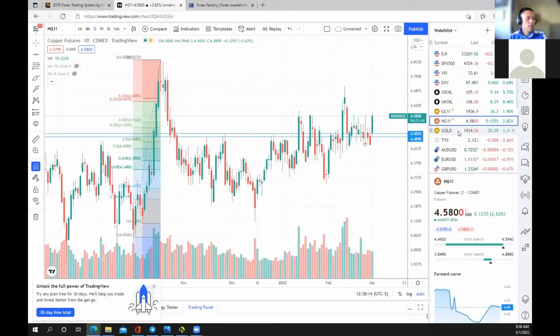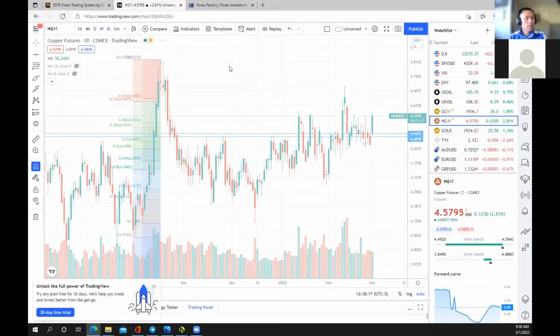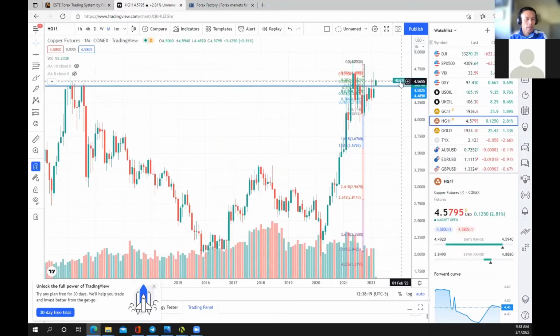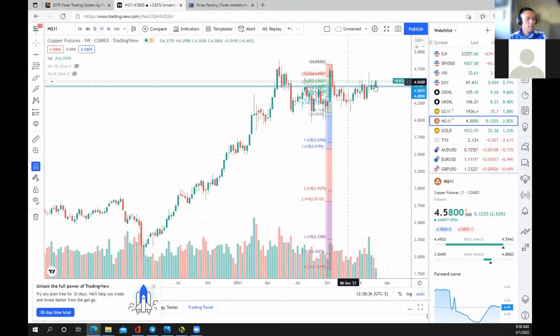And then you have copper. Copper is also very bullish, of course, because of what's also happening with the dollar. And so copper is up 2.8% for the month of March with that upper wick. No doubt that they have to retest that. Weekly time frame, same thing.